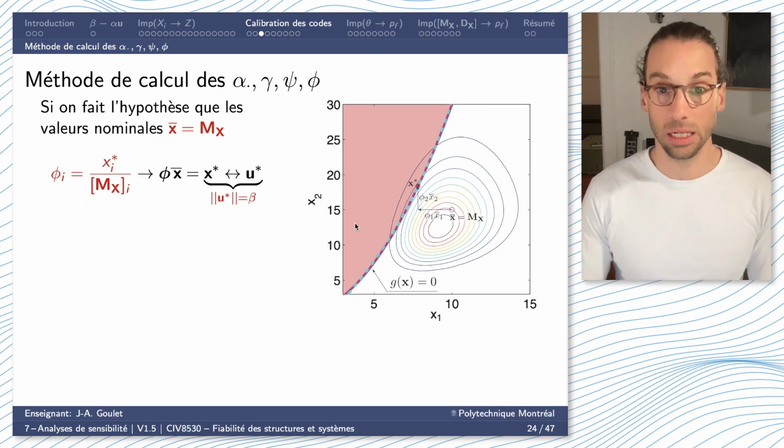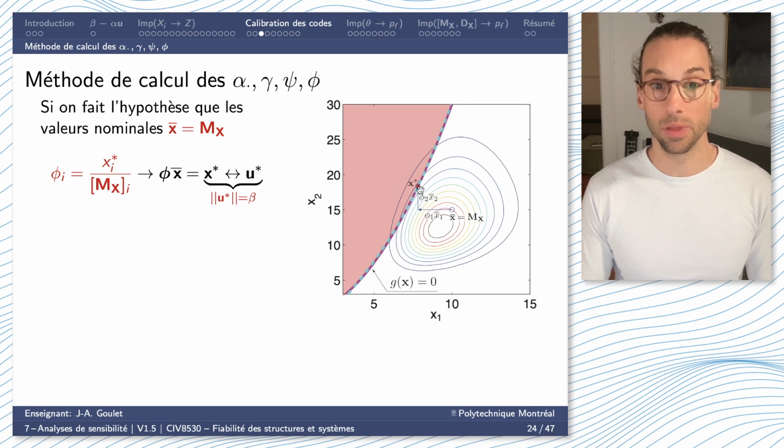So for the first variable, phi1 times the mean of x1, or its nominal value, brings me to the design point. Same thing for phi2 x2: it brings the second component to the design point.